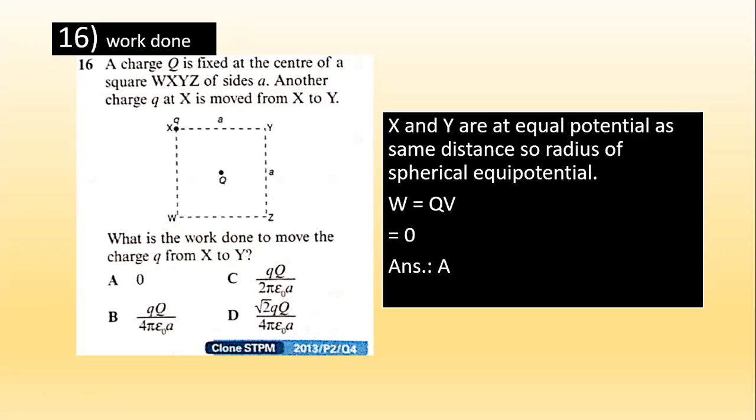Same idea. Same potential, no work done. Gravity is the same, height is the same, so the potential energy is the same at every height if the speed doesn't change.